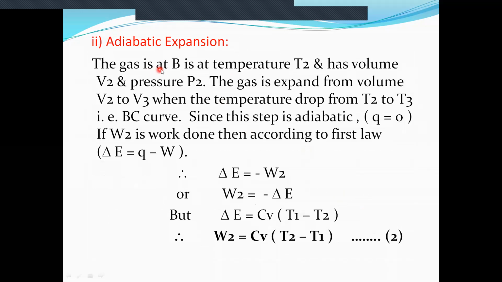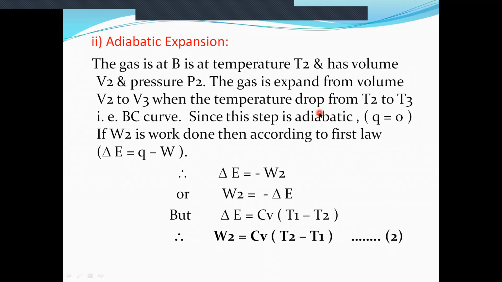So the gas is at B, at temperature T2, and has volume V2 and pressure P2. The gas expands from volume V2 to V3. Now in the first, isothermal expansion, the gas expands from V1 to V2. Now here the gas expands from volume V2 to V3 in the adiabatic expansion, when the temperature drops from T2 to T3.